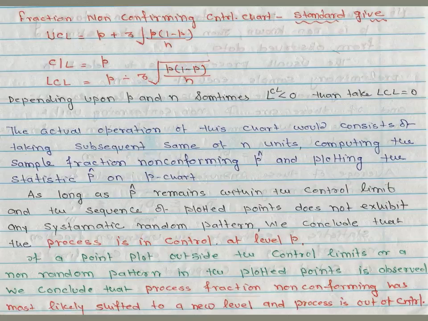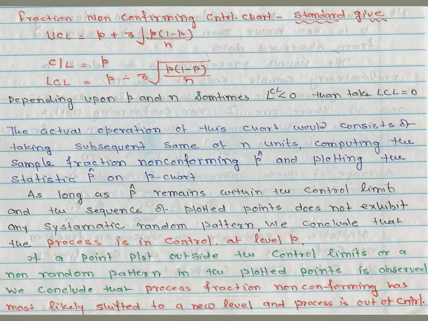So the fraction non-conforming control chart, standard given, here the upper control limit is P plus 3 square root of P(1 minus P) over n, and the central line, when we draw the chart, this is the upper control limit, and with this value we draw the central line, and this is the lower control limit, that is P minus 3 square root of P(1 minus P) over n.